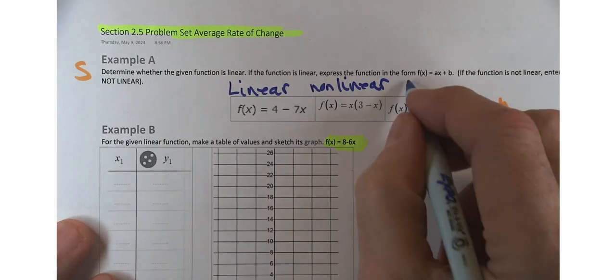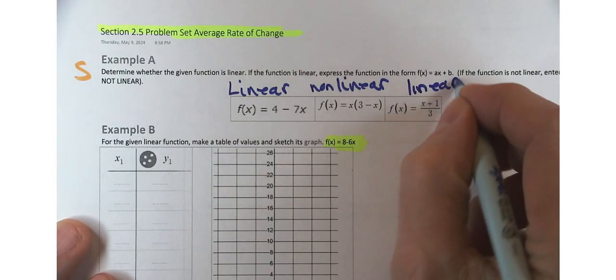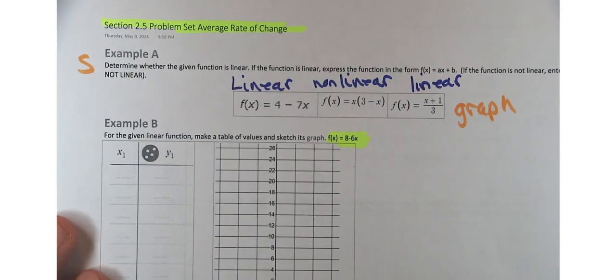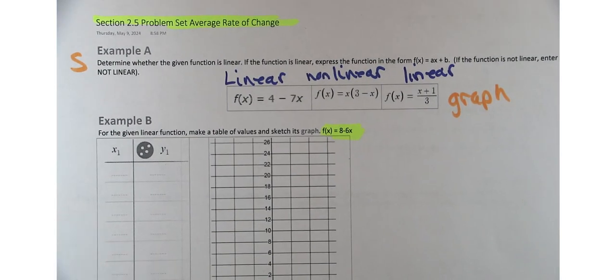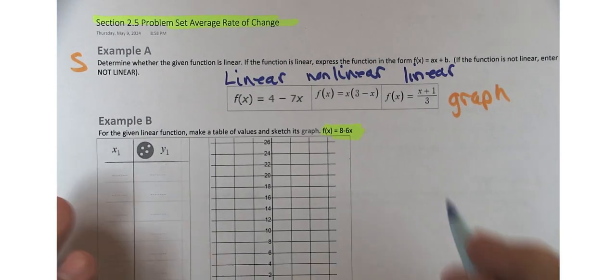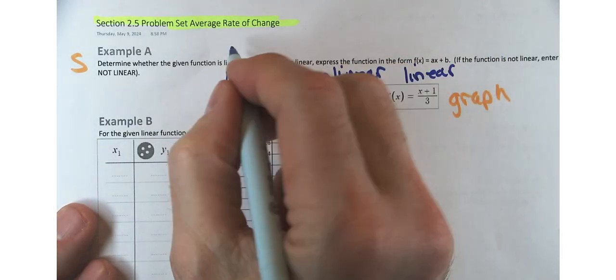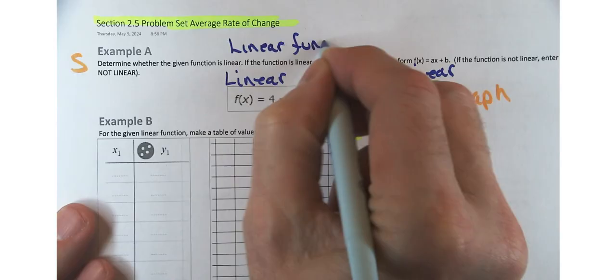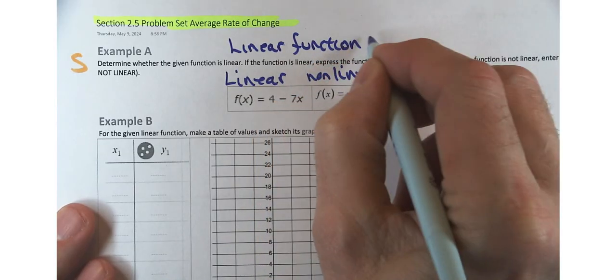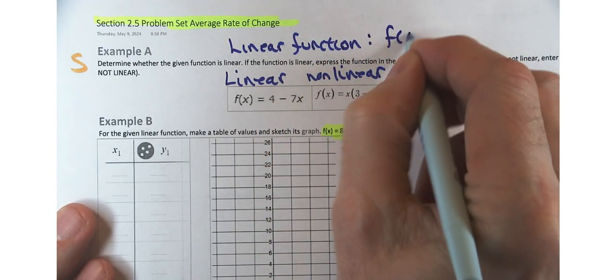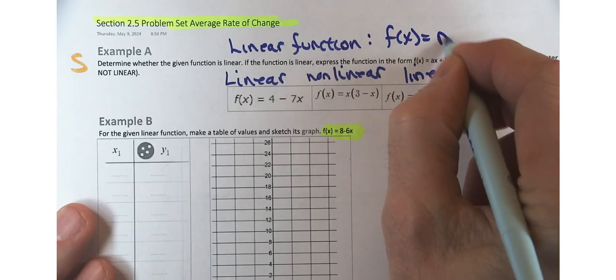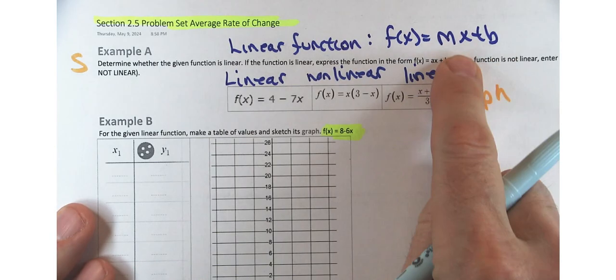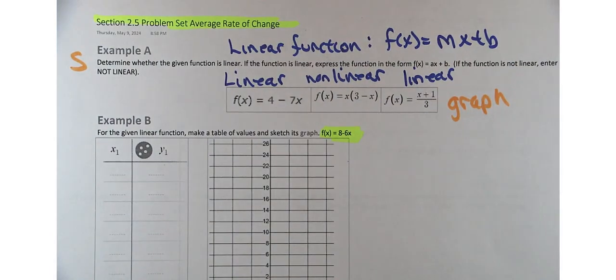Now these linear functions share a common feature, and that is you can rewrite them in a nice basic form. So in general, a linear function is going to look like this: f of x equals something that multiplies your x plus a constant.